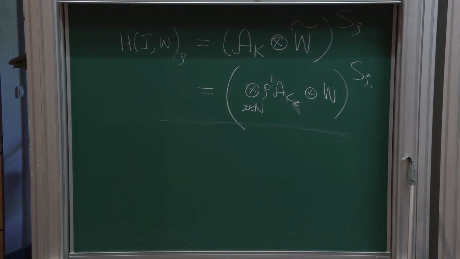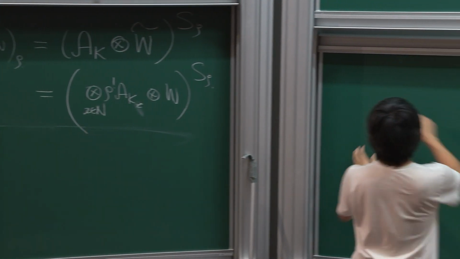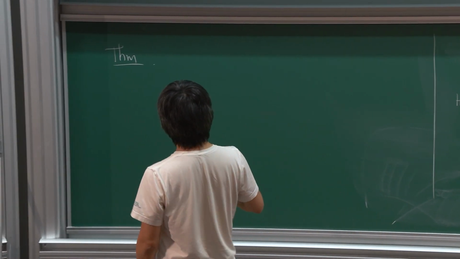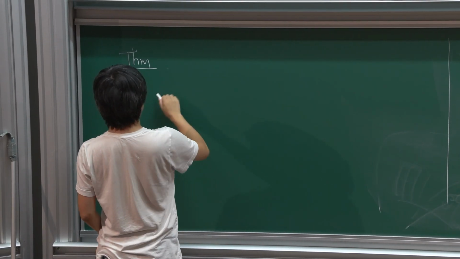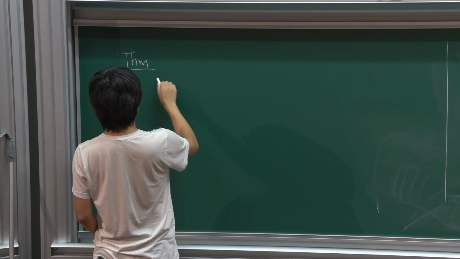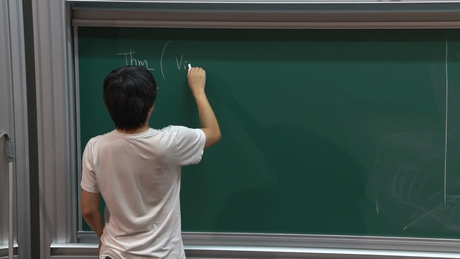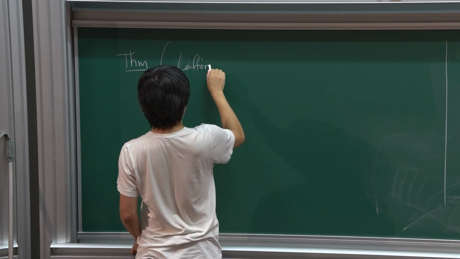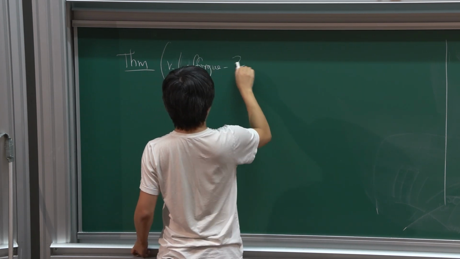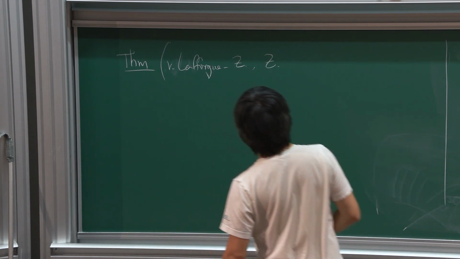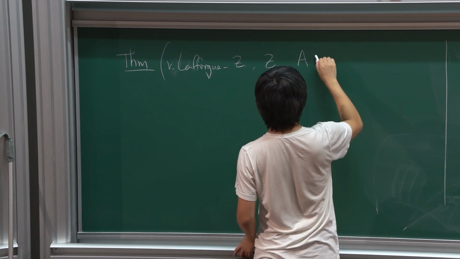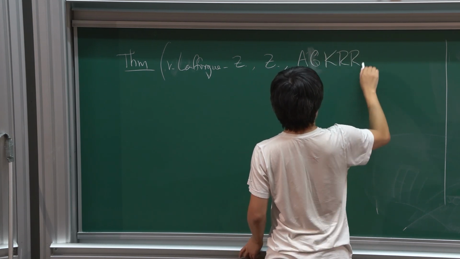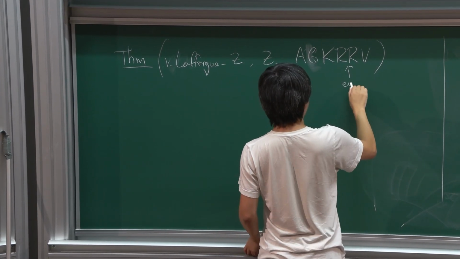So the starting point is the original case proved by Vincent Lafforgue and myself, then a slight generalization by myself, and then there's a six-author paper doing this everywhere in the ramified situation.